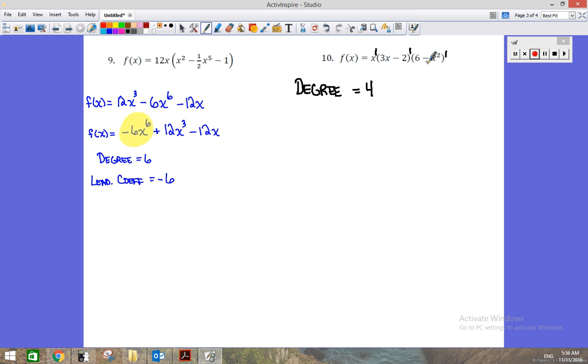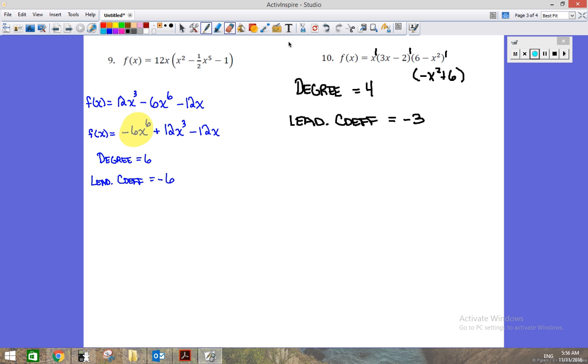And I can rewrite this as negative x squared plus 6, and I can multiply the coefficients. 1 times 3 is 3, times a negative 1 is negative 3, and I know that that leading coefficient is going to be a negative 3.